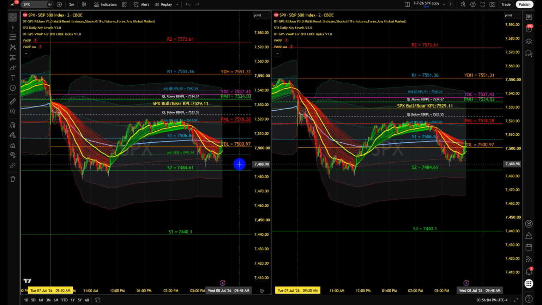That's why the 2-level move is the minimum ideal move for that, and the 1.5 level move is the minimum threshold move for a regular day trade.